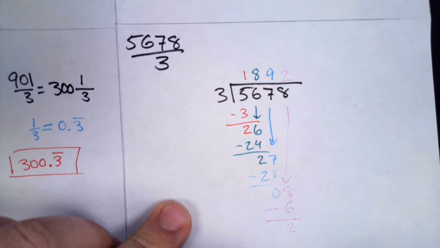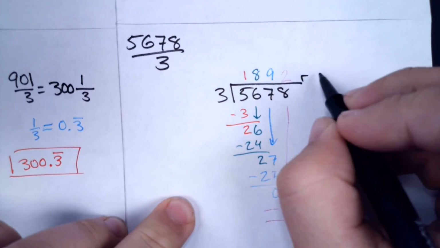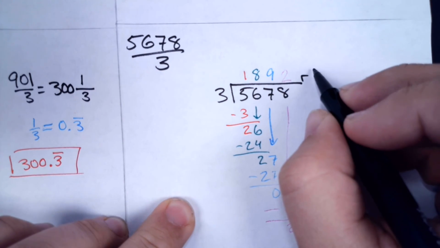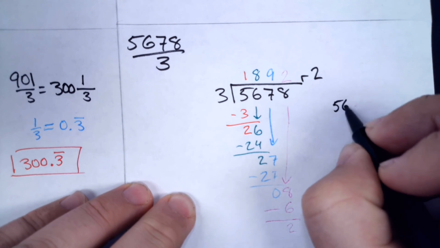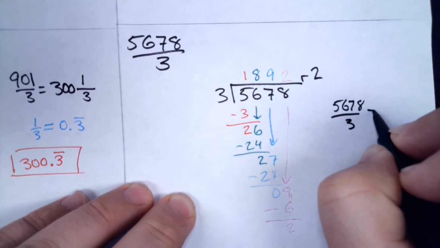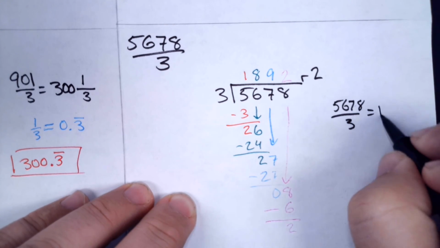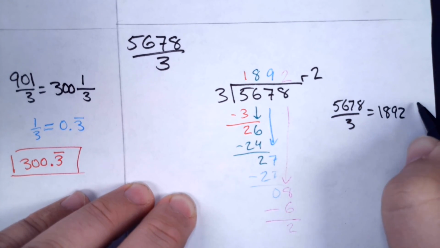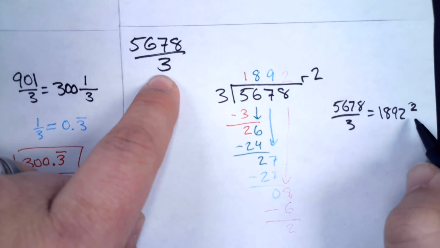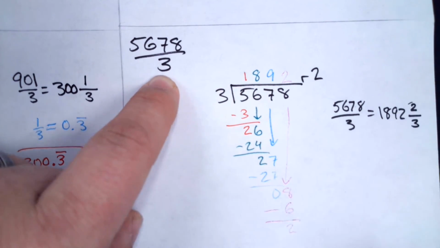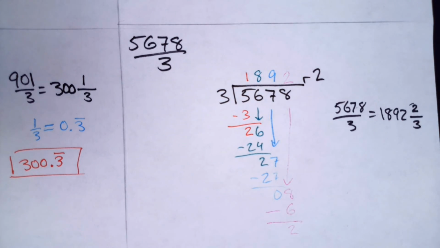And I can write that up here. So it's 1,892 with a remainder of 2. So I could write 5, 6, 7, 8 over 3 is the same thing as 1892. Then I take the remainder and put it on top. I put the original on the bottom, so it's still a thirds. And there we go, perfectly good answer.